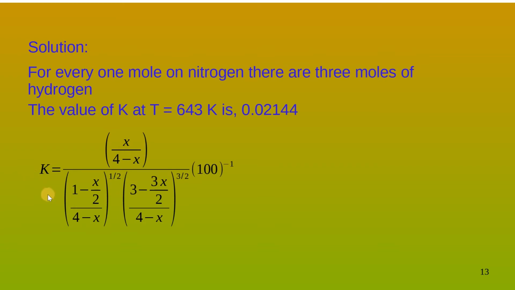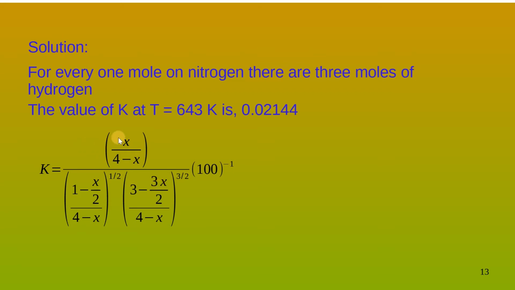Well, let's note, to start with, we had 1 mole of nitrogen. If X moles of ammonia are produced, the amount of nitrogen consumed is X by 2. If 3 moles of hydrogen are fed, the amount of hydrogen consumed is 3 by 2 X. Therefore, X is the amount of ammonia, 1 minus X by 2 is the amount of nitrogen at equilibrium, and 3 minus 3 by 2 X is the amount of hydrogen at equilibrium.